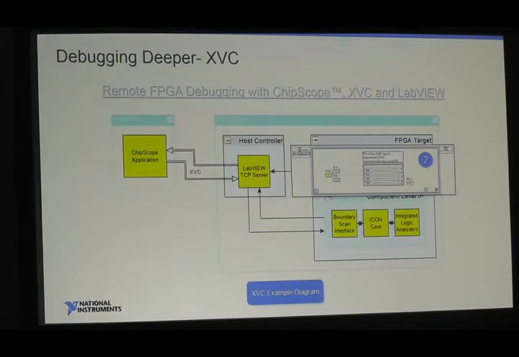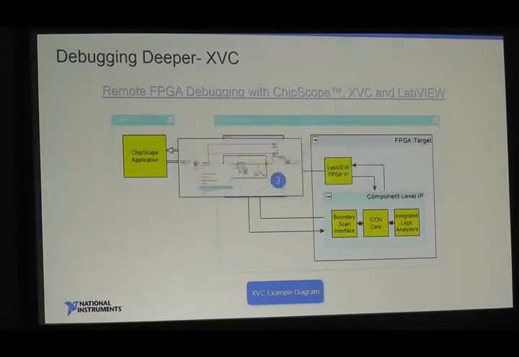That allows the host controller or this LabVIEW TCP server to communicate with them, as well as doing double duty as the actual XVC server to allow remote connections to talk to these signals on hardware. Also, it doesn't have to be in LabVIEW. This could also be a C program using the FPGA C API interface, so you have some flexibility on that end as well.